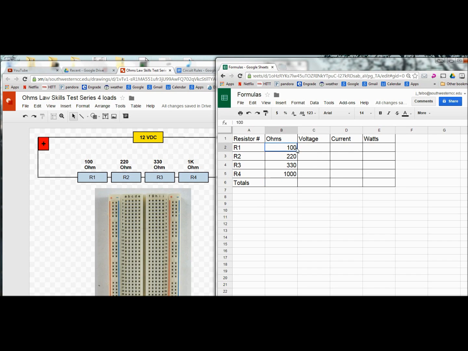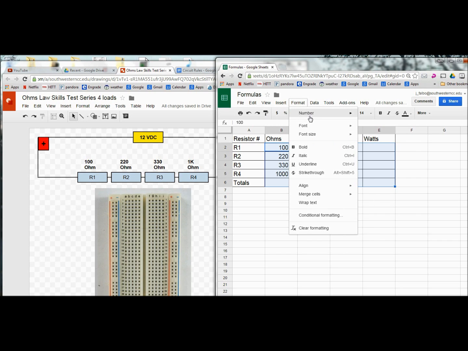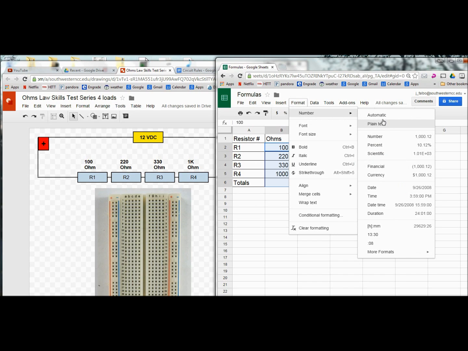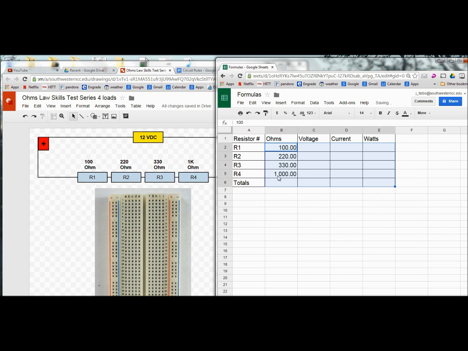So I'm going to highlight all my cells where I'm going to be doing my math, where I'll have all my answer values, and I'm going to tell the sheet with these 2 tabs you can decrease or increase decimal places. You can also format number and select here, and this will also not only put in a comma but put everything to 2 decimal places. Just a couple different ways you could do that.